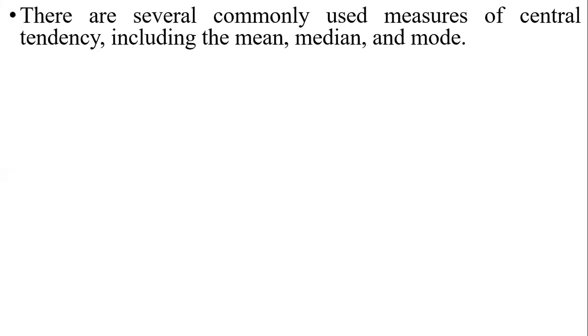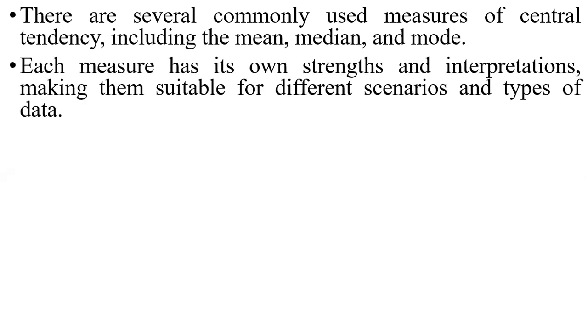There are several commonly used measures of central tendency, and they include, as I said earlier, mean, median, and mode. Each measure has its own strengths and interpretations, making them suitable for different scenarios and types of data.